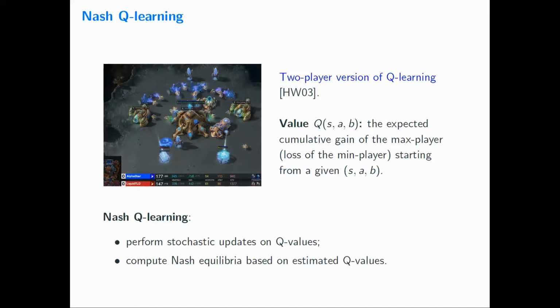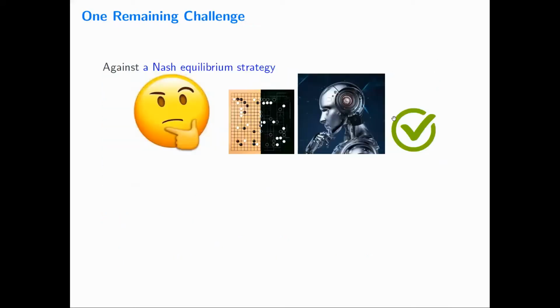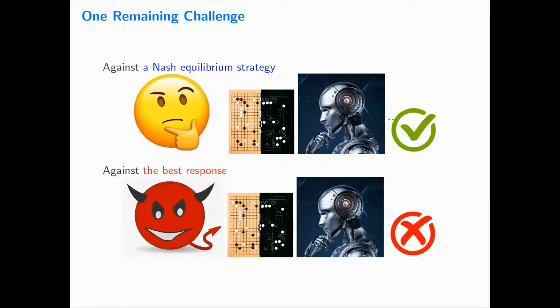which is a unique challenge for reinforcement learning. There is still one remaining challenge here. Even if one can behave pretty well against a Nash equilibrium policy, it doesn't mean that we already have a pretty good policy, because it could play really badly against the best response.